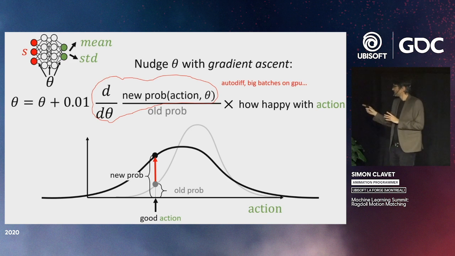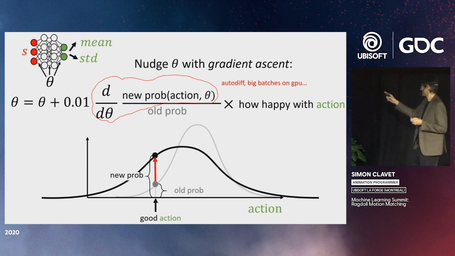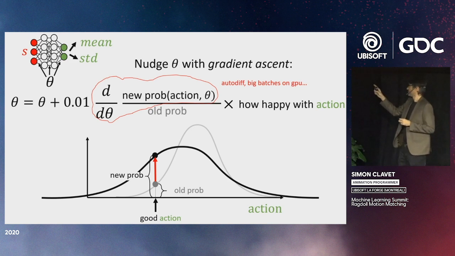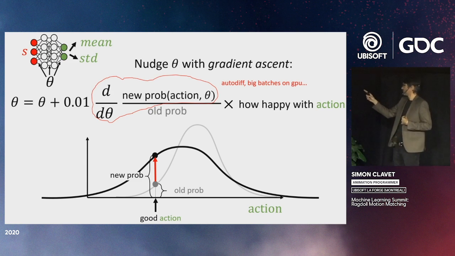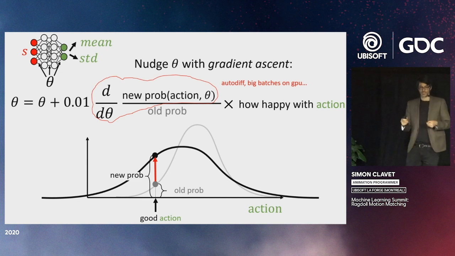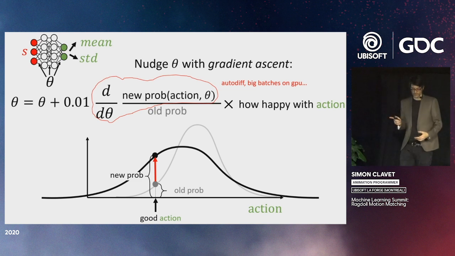That's what deep learning is: finding derivatives of things with respect to parameters of neural networks. That's what we like. It's autodiff, which means finding derivatives automatically, in big batches on GPU to go super fast. And that's given for free with TensorFlow and PyTorch and all these things.